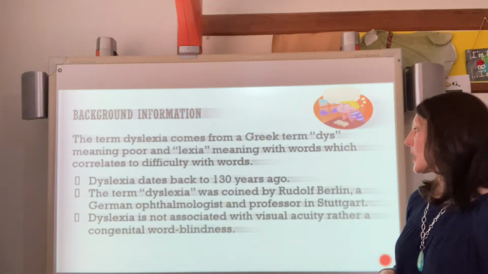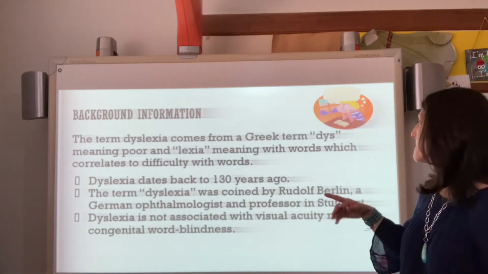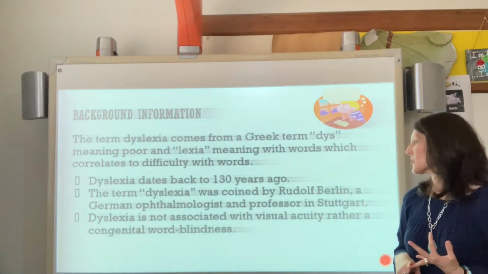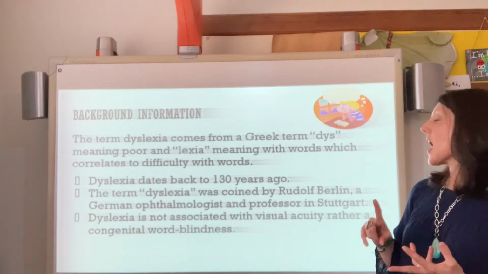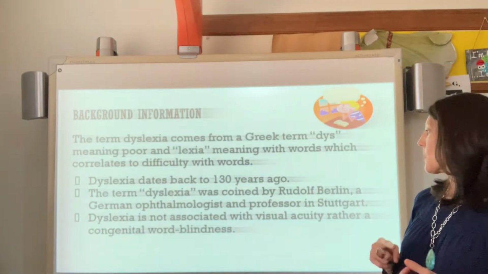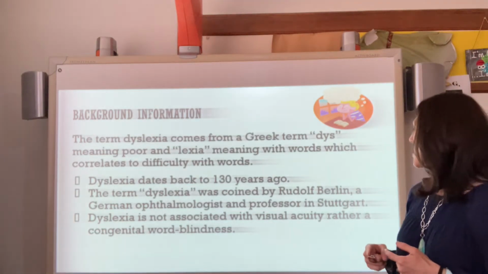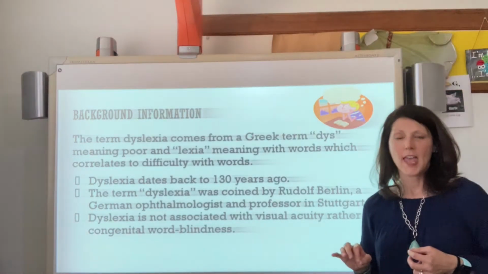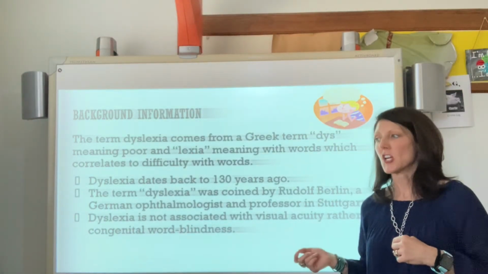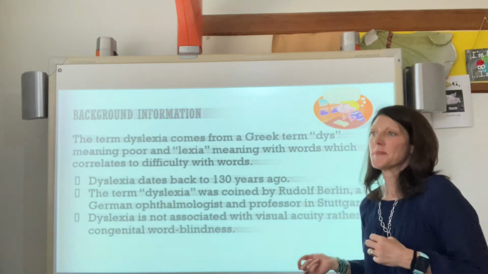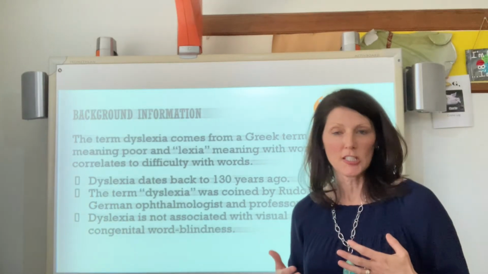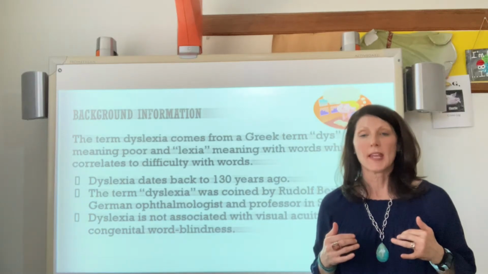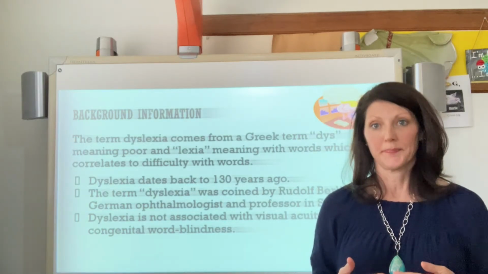The term dyslexia was coined by Rudolf Berlin, a German ophthalmologist and professor in Stuttgart. Dyslexia is not associated with visual acuity, but is rather a congenital word blindness. And like the video said prior, dyslexia is not related to intelligence. Reading is actually a human invention, and we have to teach and train our brains how to read.